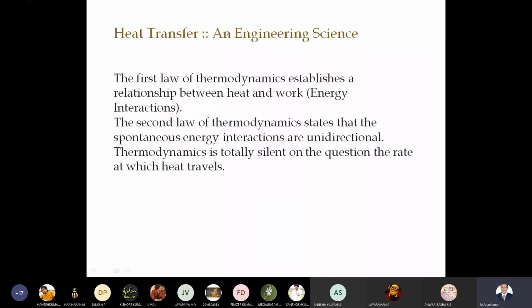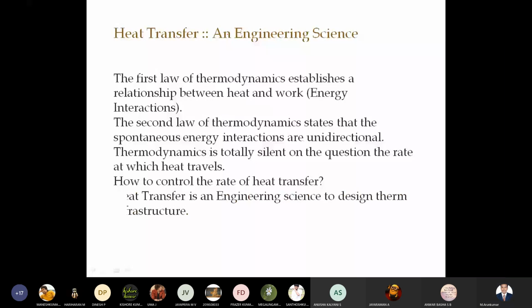We studied a lot about the thermodynamics of systems, but thermodynamics won't tell about the rate at which heat travels, or how to control the rate of heat transfer.